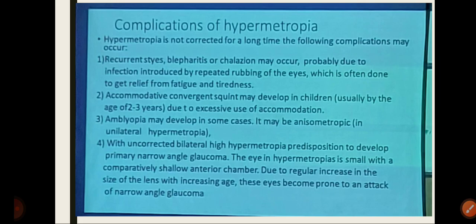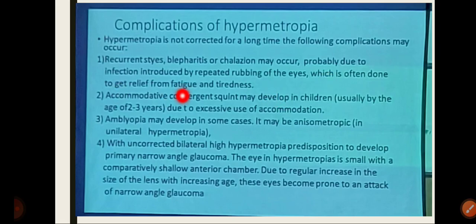So now we dive into the complications of hypermetropia. If hypermetropia is not corrected for a long time, the following complications may occur: recurrent styes, blepharitis, or chalazion may occur, probably due to infections introduced by repeated rubbing of the eyes, which is often done to relieve fatigue and tiredness.